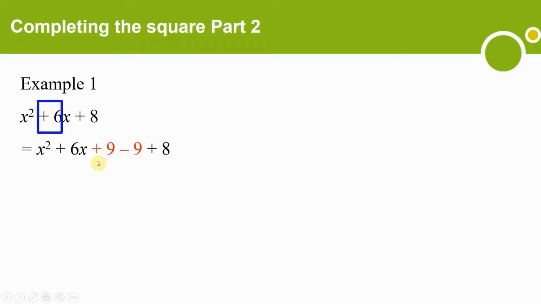So now we have this part. This part here will give us the square bracket, which is x plus 3 squared. Alright, so we just simplify the number at the back here, we get negative 1. But I won't be asking you to write in this form.